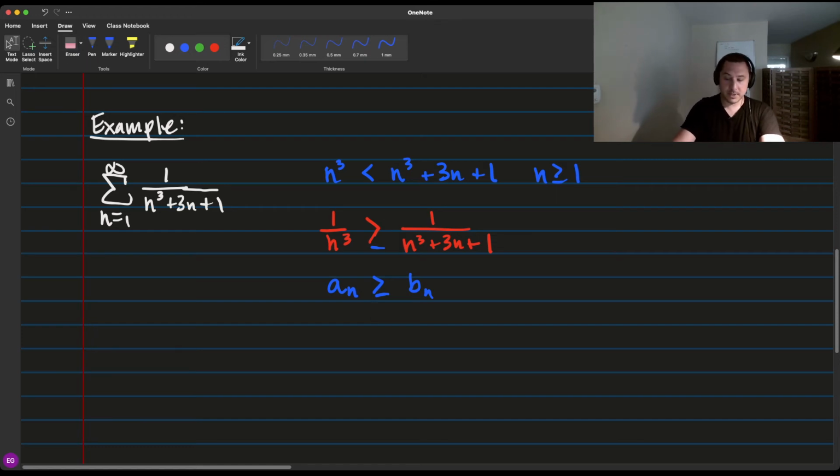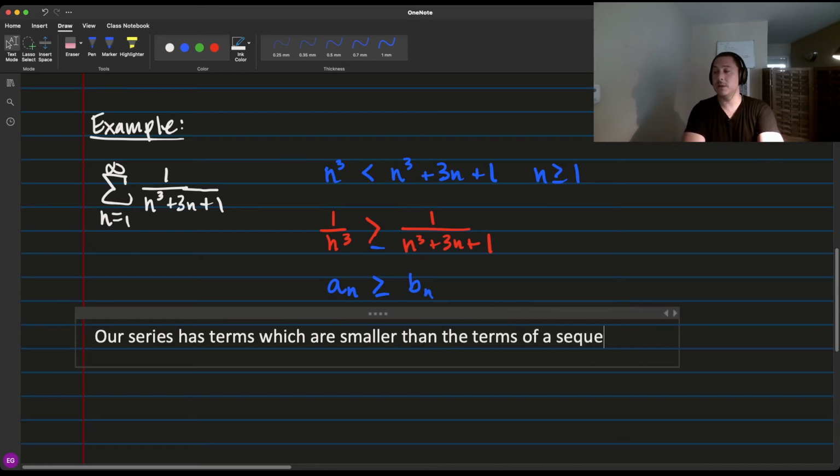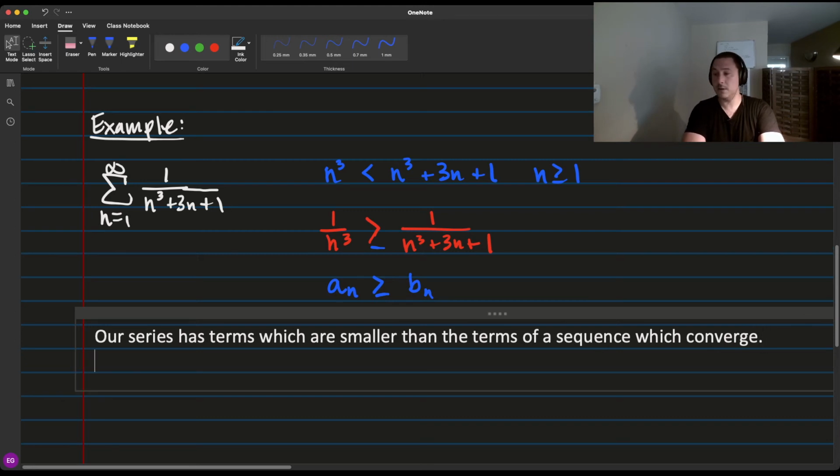So we now know that our original series converges. Why? Because our series has terms which are smaller than the terms of a sequence which converges. We know that 1 over n cubed converges by p-series.